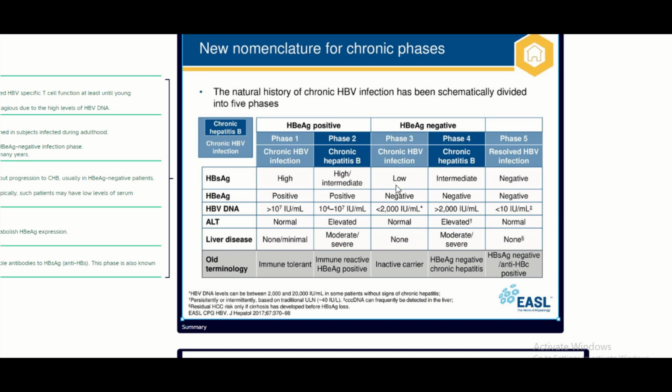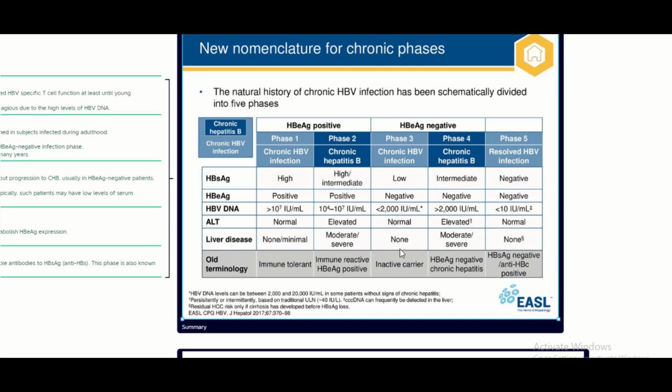And the HBs antigen is low because a lot of the virus that was in infected hepatocytes has already been controlled and eliminated. It is low because we will always have residual DNA inside our other hepatocytes. But since it's not replicating, it is under control.